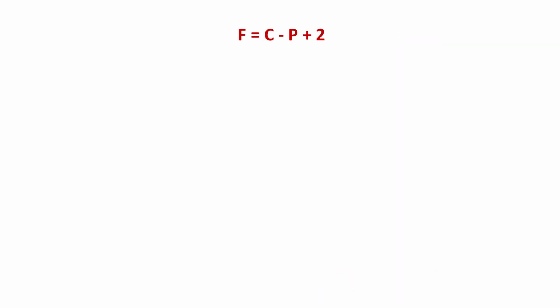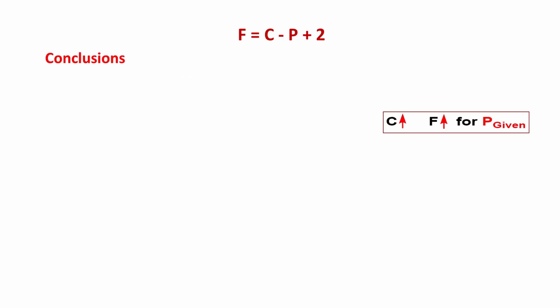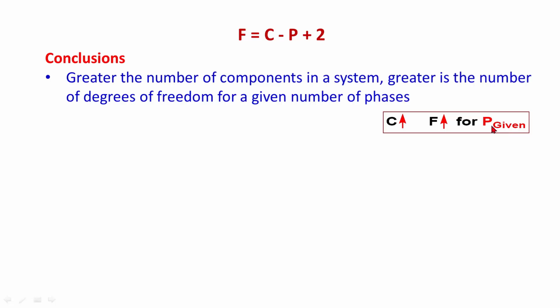This is phase rule equation. We can conclude, higher C, we will have higher the value of degree of freedom for given number of phases. Greater the number of components in a system, greater is the number of degrees of freedom for a given number of phases.